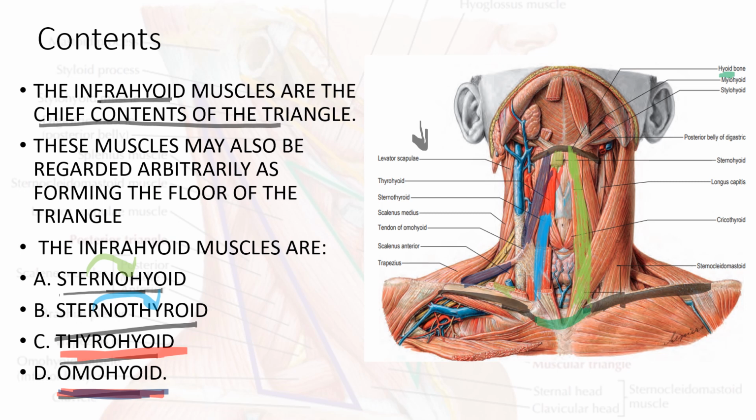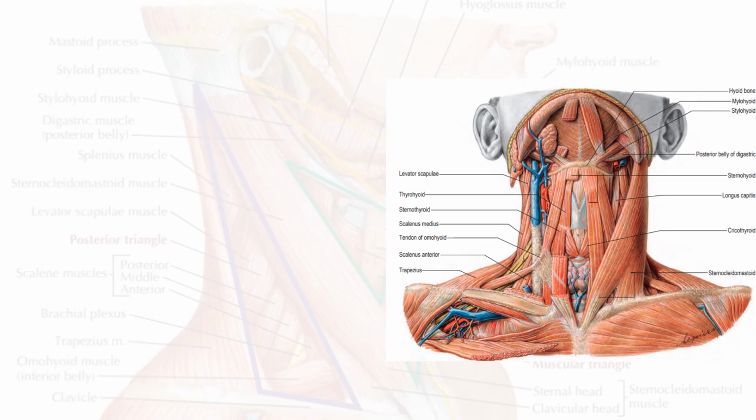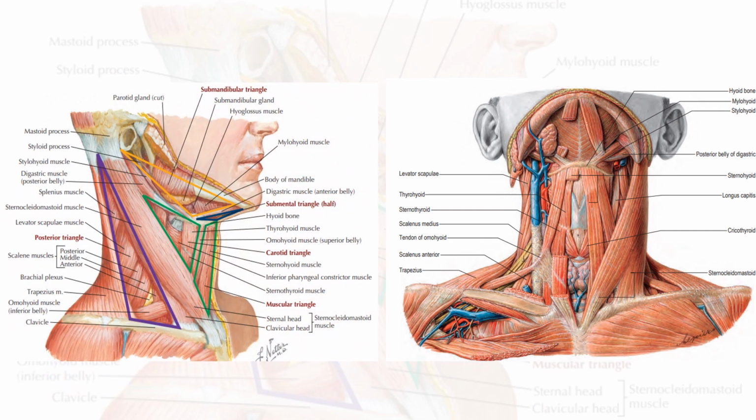So these are the muscles: the omohyoid muscle, the sternohyoid muscle, sternothyroid muscle, thyrohyoid muscle. These are present in this triangle, left side as well as the right side. These are the contents of this triangle. I think it's very clear now. So here you can appreciate.